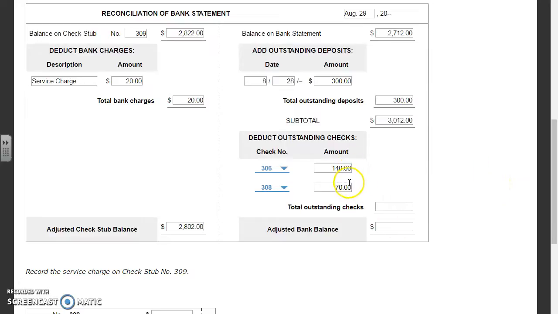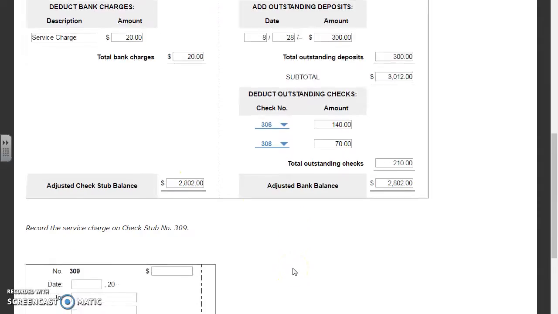We add these two together to get a grand total of our outstanding checks, $210. We're going to take this $3012 and subtract this $210, because again, the moment that these checks are cashed, it's going to take away from our account. So our total here then is 2802. 2802, 2802, we are in balance, we've reconciled things properly.